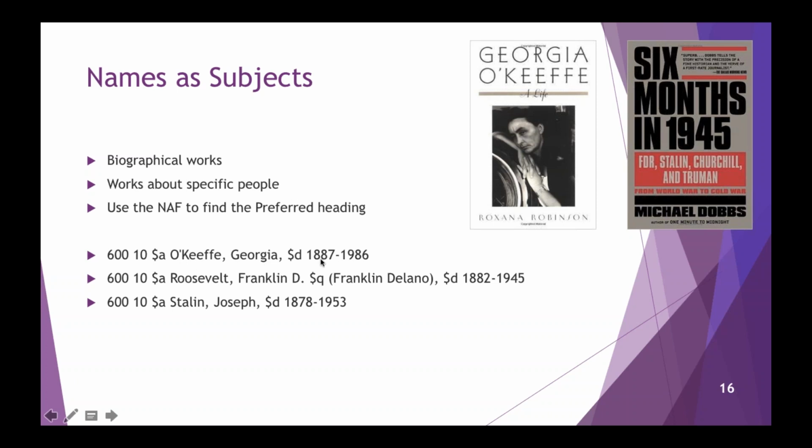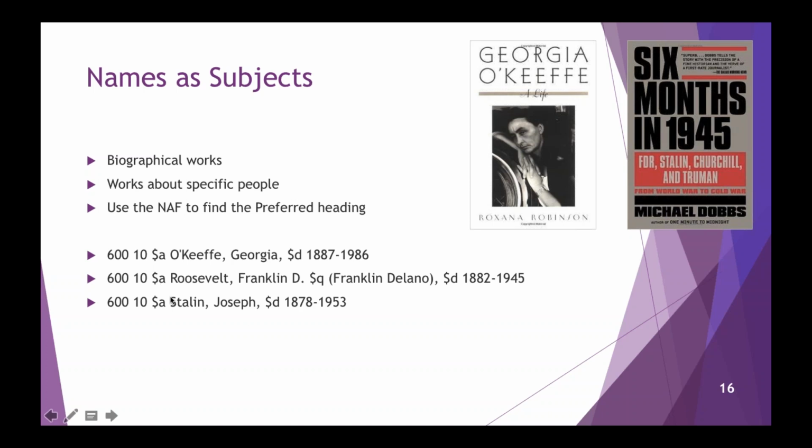So that's the example that we have here. In our other book here, we've got FDR and Stalin and Churchill and Truman. So it's not a biography per se, but it is about these four men with relation to this particular topic. And so in the subject analysis for this book, we will want to have a personal name subject heading in a 600 field for each of these people.